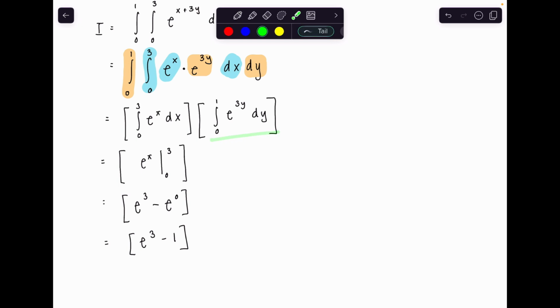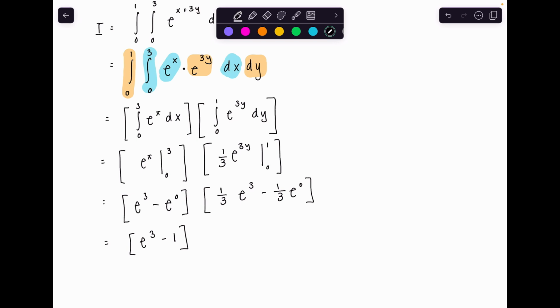Now I'll go back and do this integral because I like doing one at a time as opposed to doing one step on each. The integral of e to the 3y is e to the 3y, but I've got to factor in that constant, so I need to divide by 3 and then integrate from 0 to 1. So this is 1/3 e to the third minus 1/3 e to the 0.